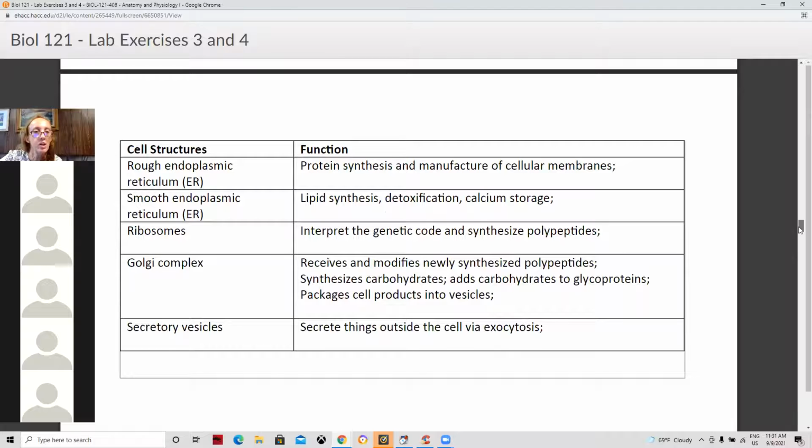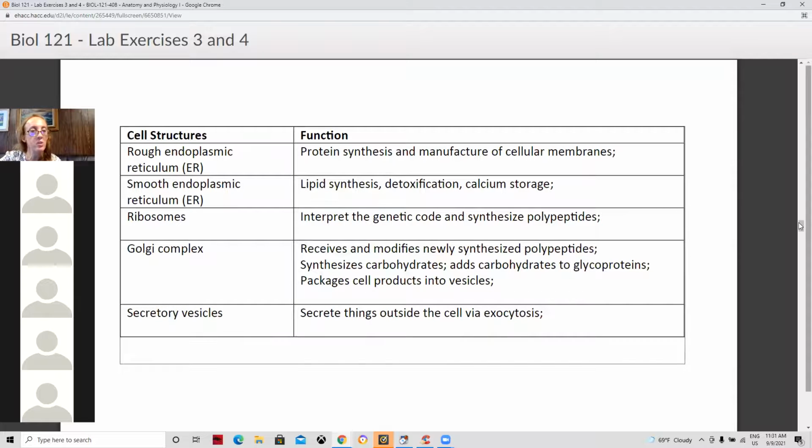This material is also in the ebook for the lab manual. It's also in the textbook in chapter 3. The rough endoplasmic reticulum functions in protein synthesis and the manufacturing of the cell membranes. The smooth endoplasmic reticulum is involved in lipid synthesis, detoxification, and calcium storage.